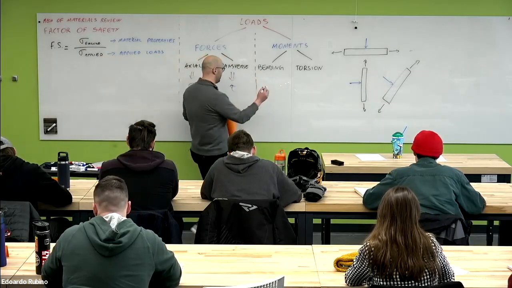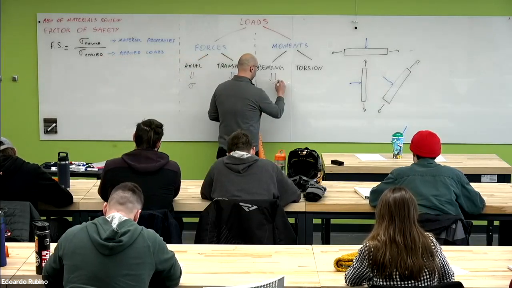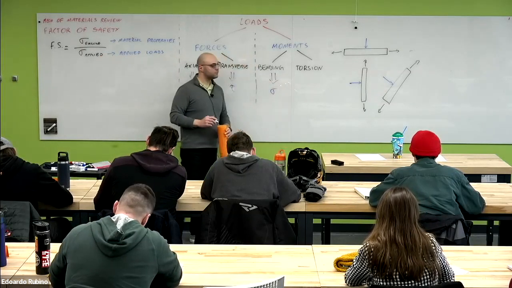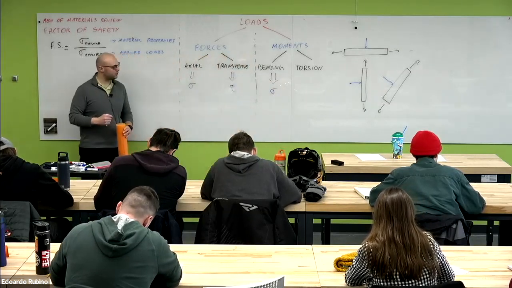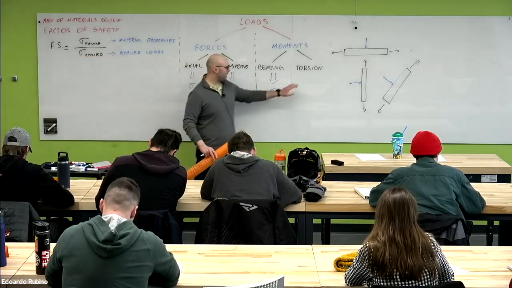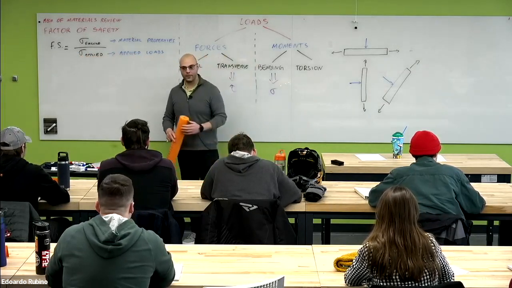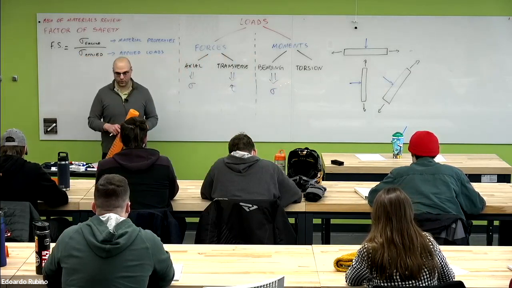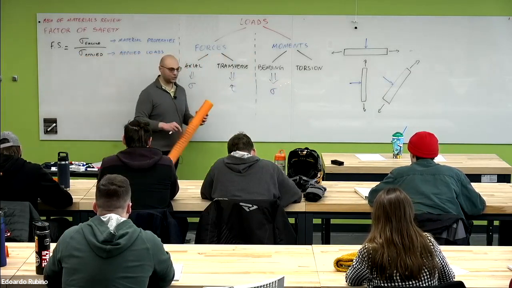We obtain a normal stress. So we are going to recall the flexure formula as well. If we have a torsional moment, what kind of stress do we obtain? Shear stress.